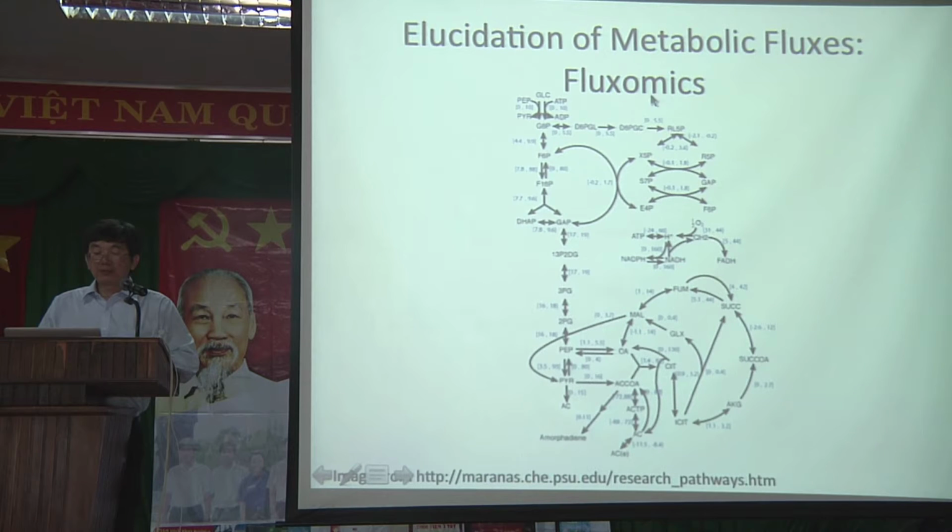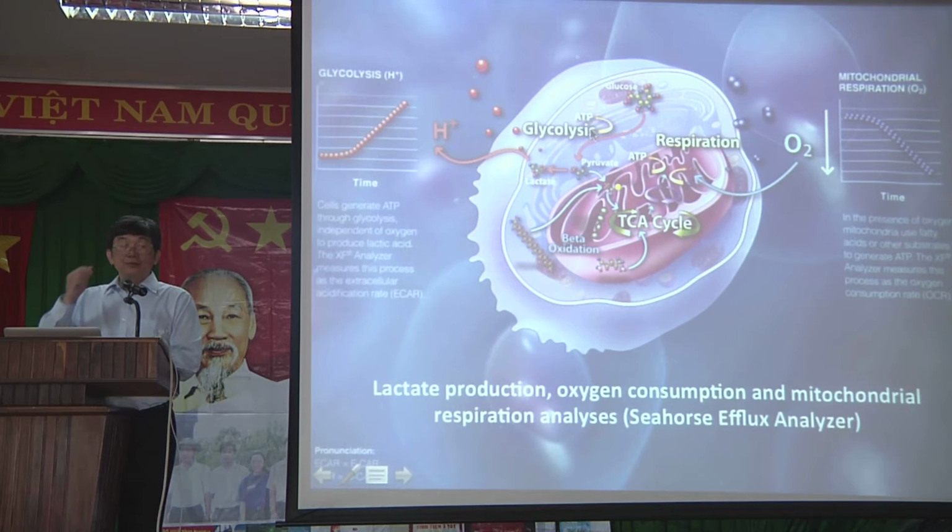Earlier, I already discussed the handling of the metabolomic data, and there's modeling that you can use to calculate the flux through the metabolic pathways. This methodology is called fluxomics. There's also in vitro culture of cells, where you have so-called metabolic analyzers that you can culture the cells in to measure the mitochondrial respiration as well as the glycolysis.